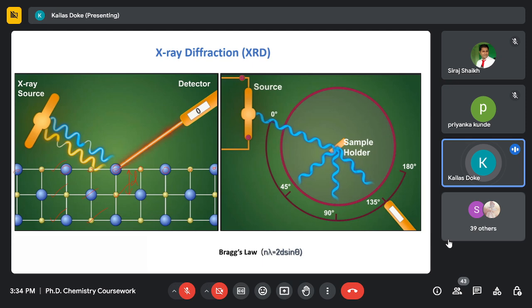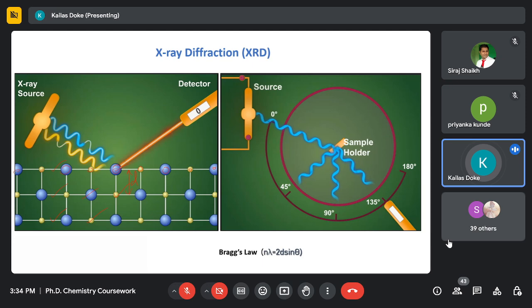When we keep a path difference between the first X-ray and the second X-ray of one wavelength, this is called one wavelength. The wave starts over here and one wave ends over here: maxima, minima, 0 degrees, maxima, again 360 degrees.